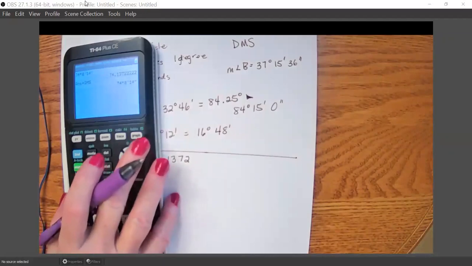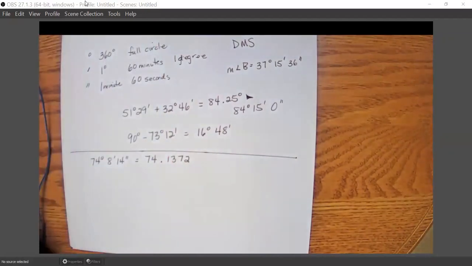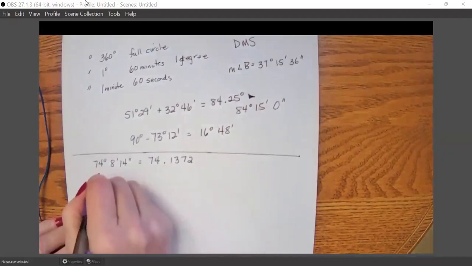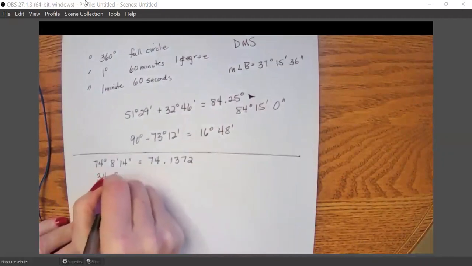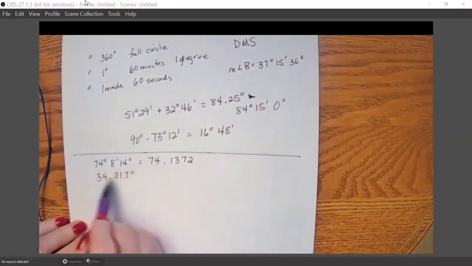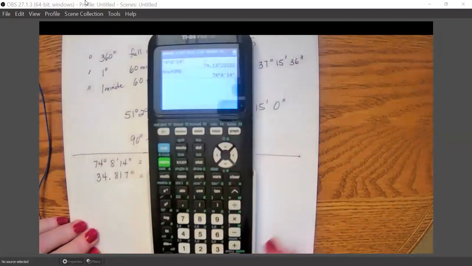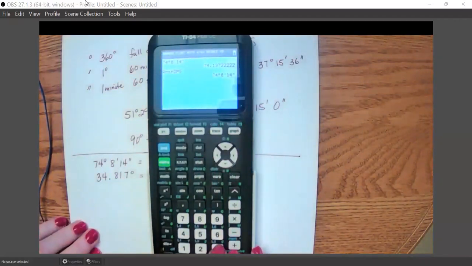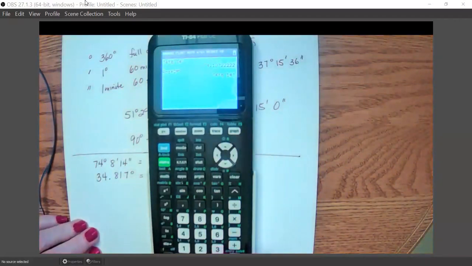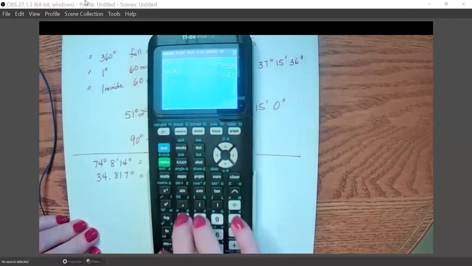All right, let's look at example 4B. Example 4B wanted us to convert 34.817 decimal degrees into degrees, minutes, seconds. So that's going to be 34.817.